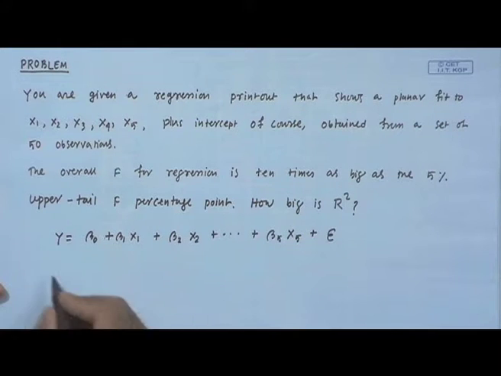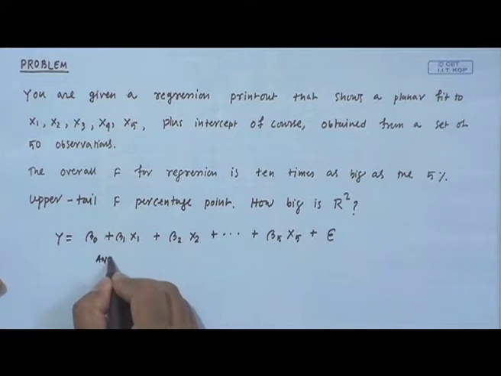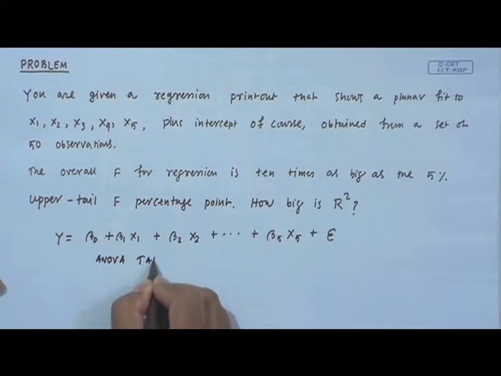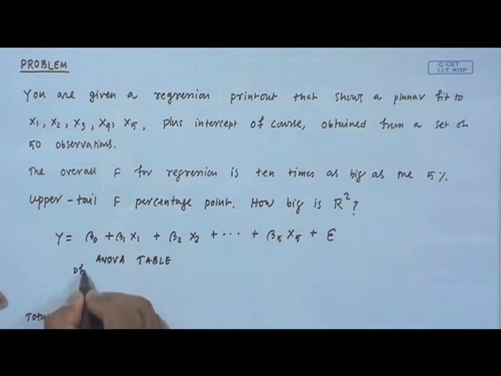So, we can quickly have an ANOVA table, where just the degrees of freedom are important.